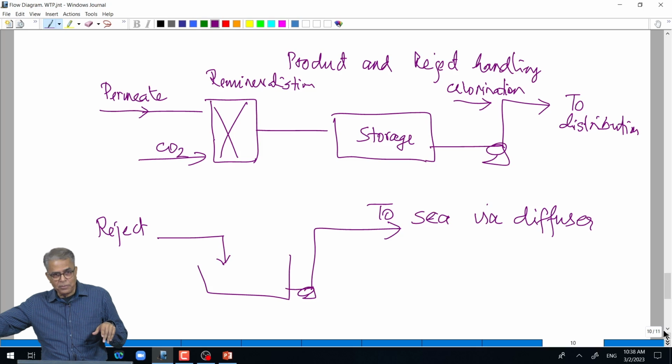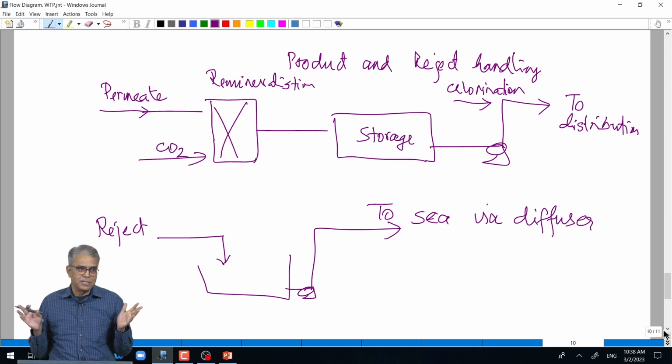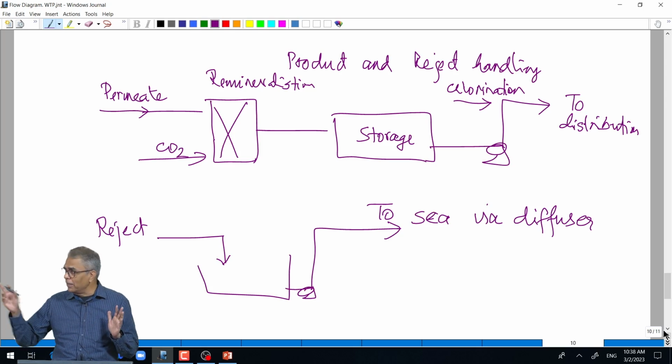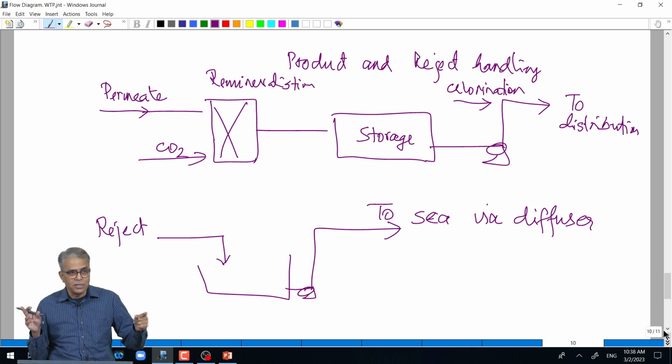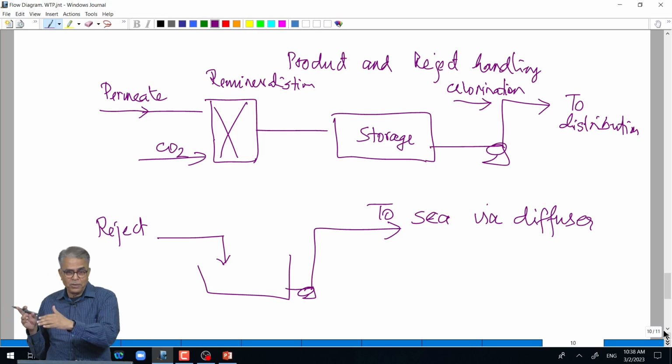If the intake is coming from there and I put this reject also close to that place, sea is sea, but nevertheless there is some complication after some time. So you have to look at the sea, most of the time the underwater current, not the surface current, goes in one direction.